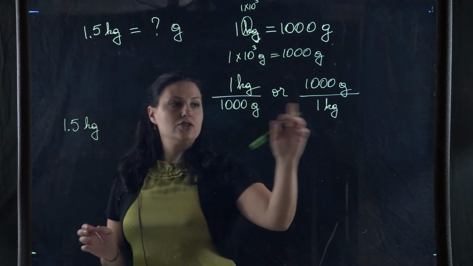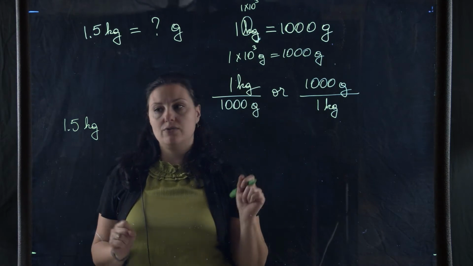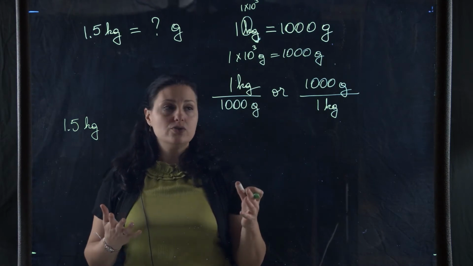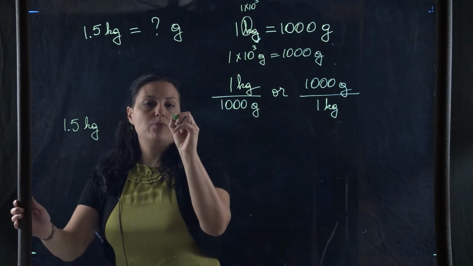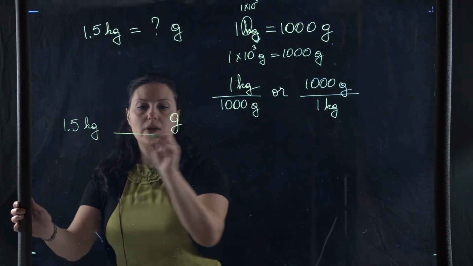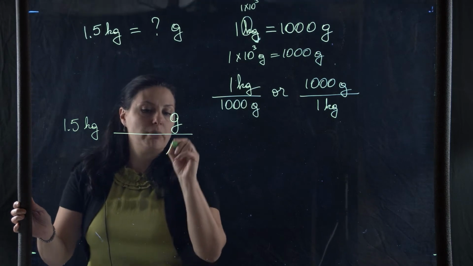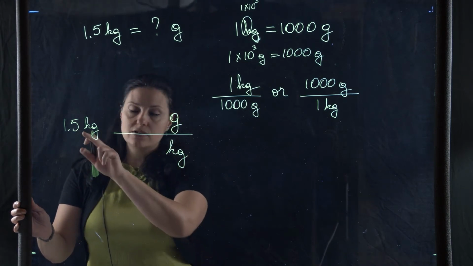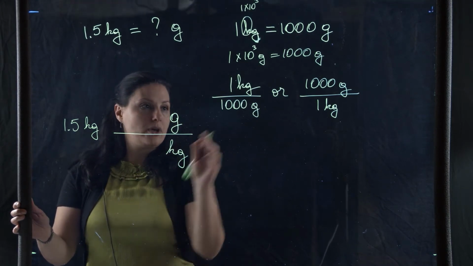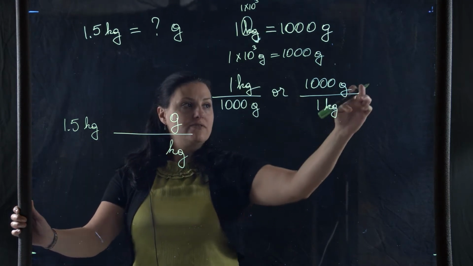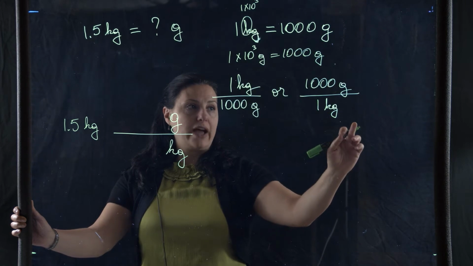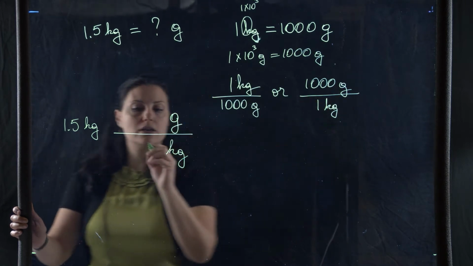So I need to use one of these fractions as conversion factor, but I want to use the correct one. And to do that, I want to end up with grams on top, and I want kilograms at the bottom so that it cancels with the kilograms at the top. The only way to write this correctly is if I use this particular fraction, 1,000 grams over 1 kilogram.